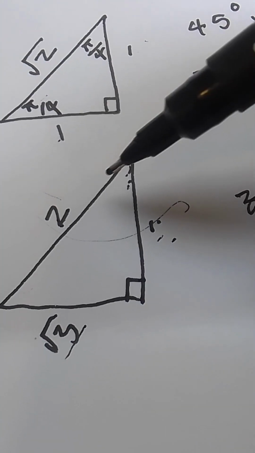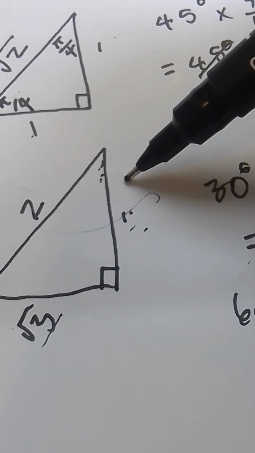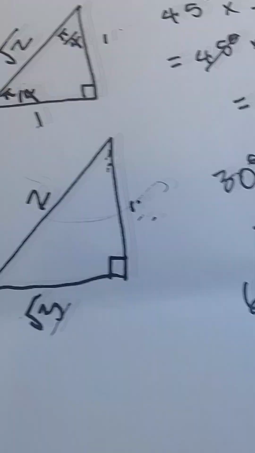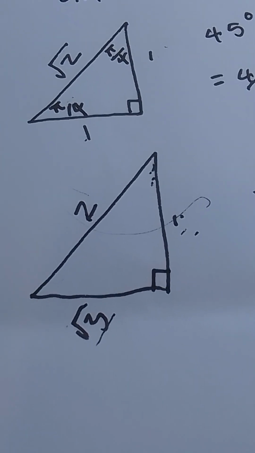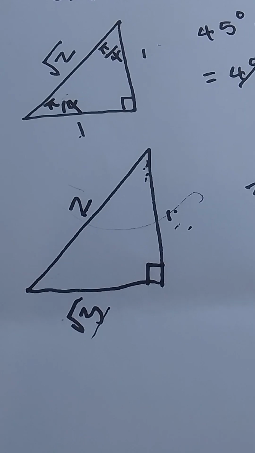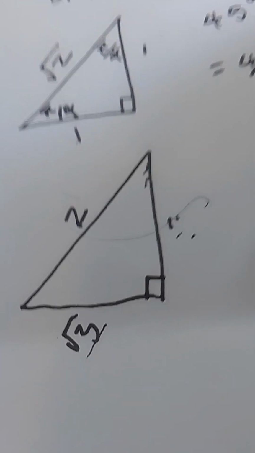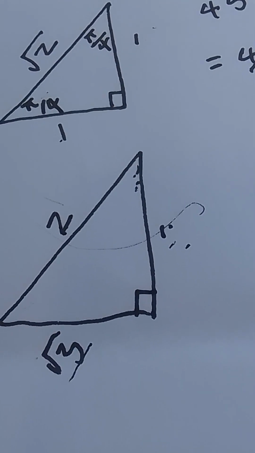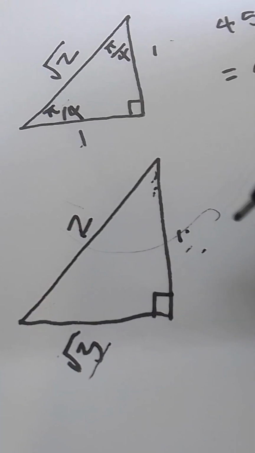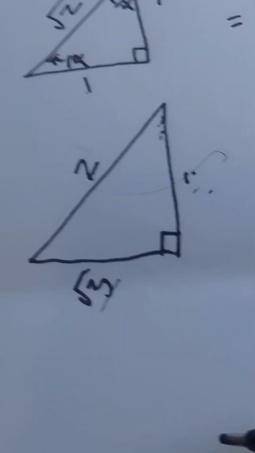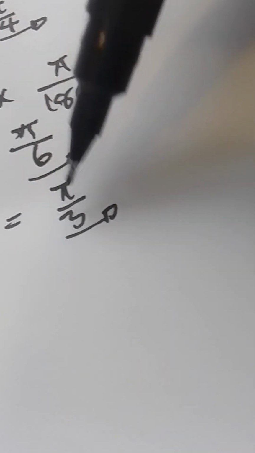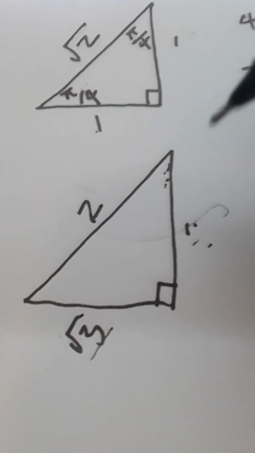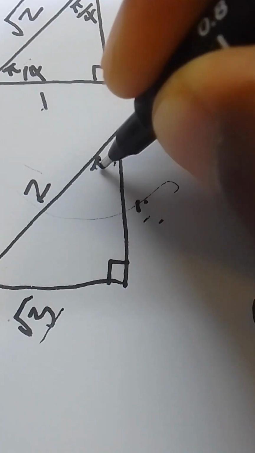This angle has to be bigger than this one, because the opposite sides should correspond to the angles in terms of size. Now, the bigger number between these is pi divided by 3. Therefore, pi by 3 should be there. Then pi by 6 should be here.